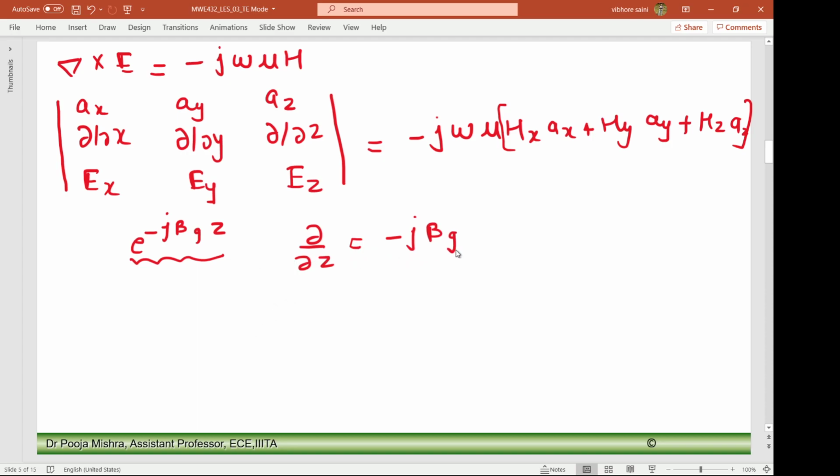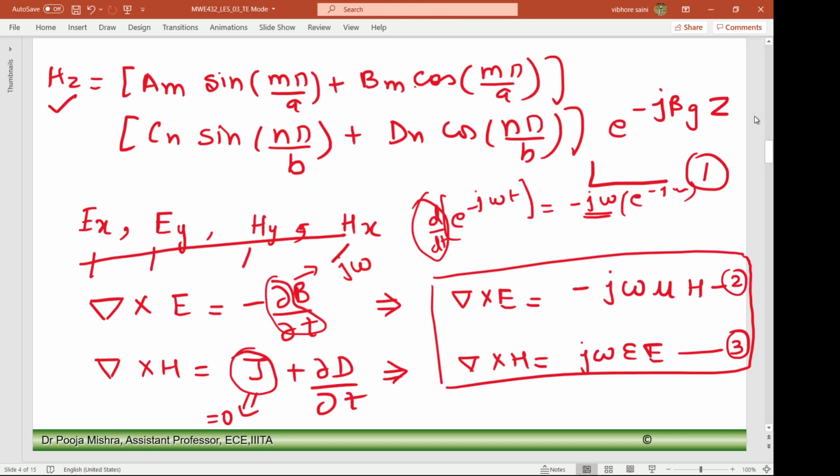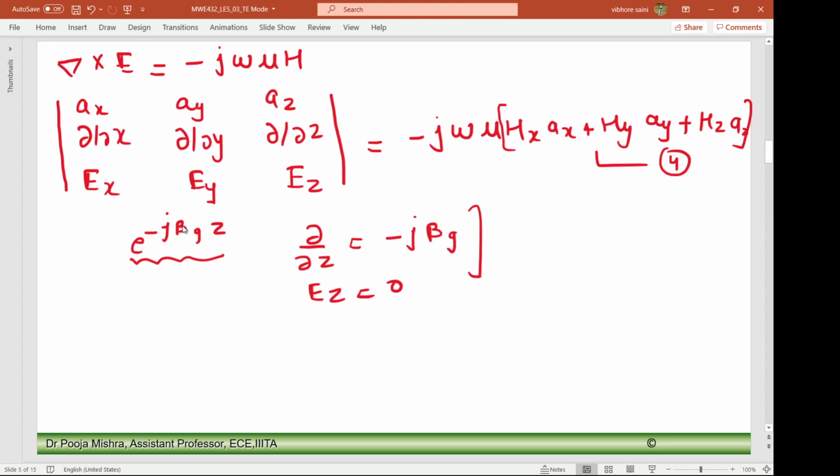Besides this differential part, the constants will remain the same, and we already took Ez equal to 0. So we put these two values in this particular equation number 4. Earlier the equation was, I think, 3. Yes, so this will become equation number 4.